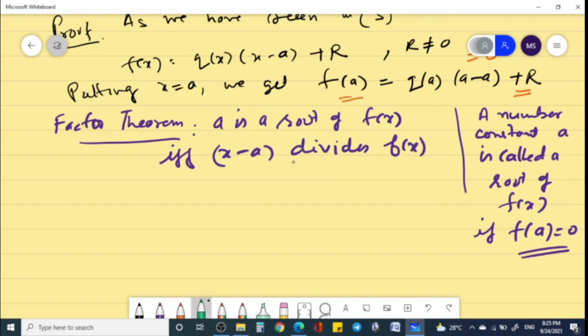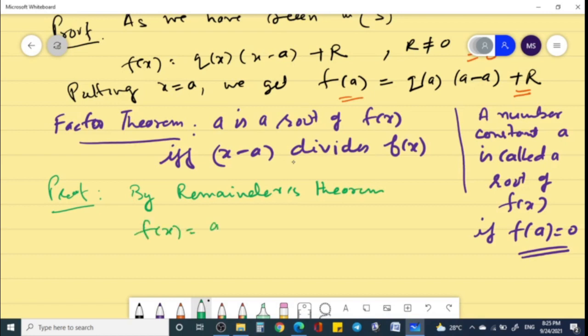So the proof is here, again from the remainder theorem. f(x) can be written as q(x), the quotient, times x minus a, plus f(a).